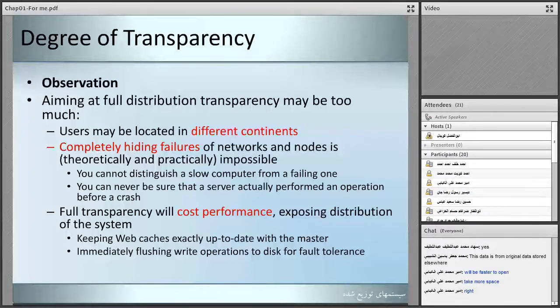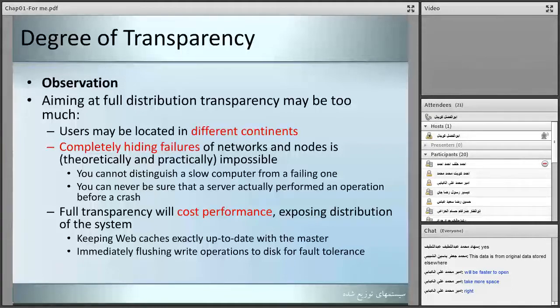The master files may be changed, so your cached files need to be updated. If we want to update these two copies, how often must your cache be updated?